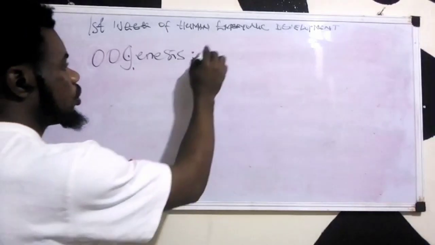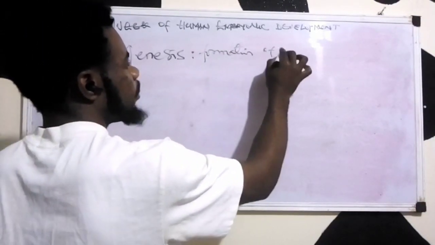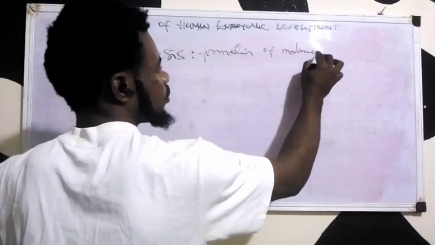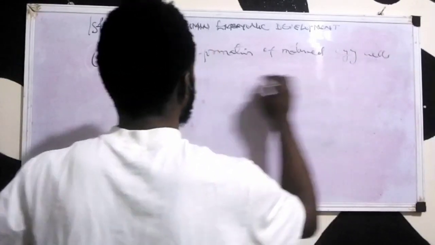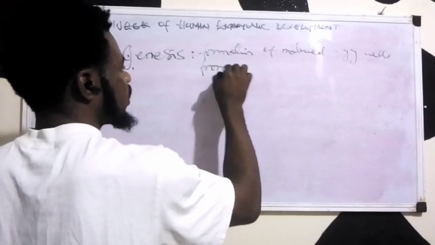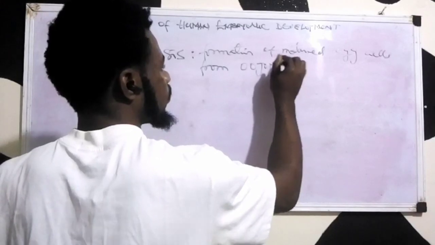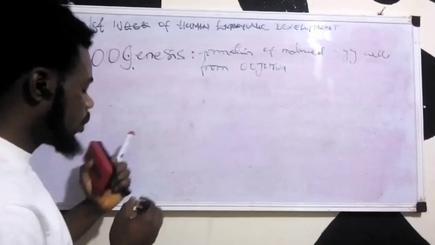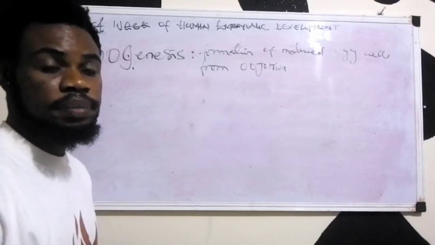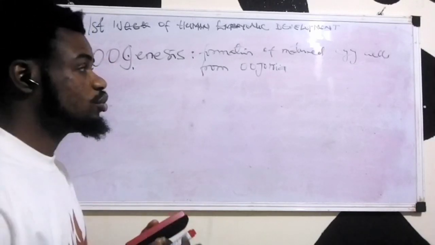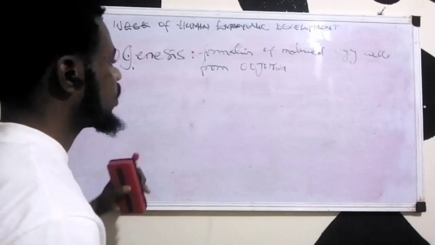Oogenesis is the formation of matured egg cells from oogonia. Oogonia is a primordial cell, a germ cell that has the capacity to differentiate into other cells.